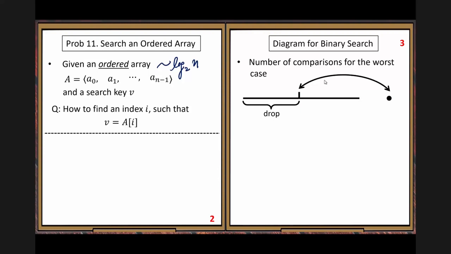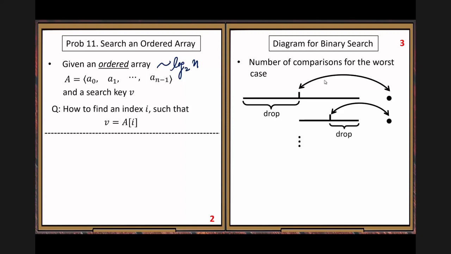Then the second comparison is another half reduction. After two comparisons, 1/4 of the original data size is left, and so on.